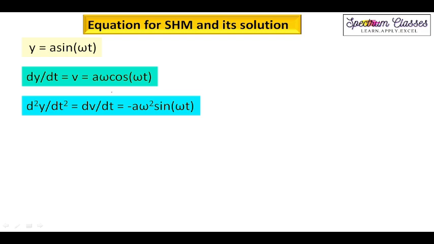Now if I want to deduce the acceleration, I need to differentiate my velocity with respect to time. So dv upon dt, and since v is equal to dy upon dt, dv upon dt is equal to d2y upon dt square.